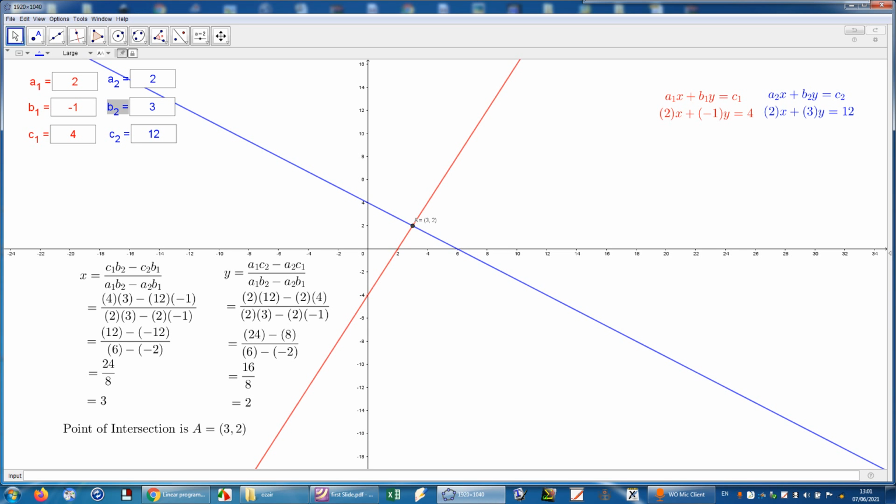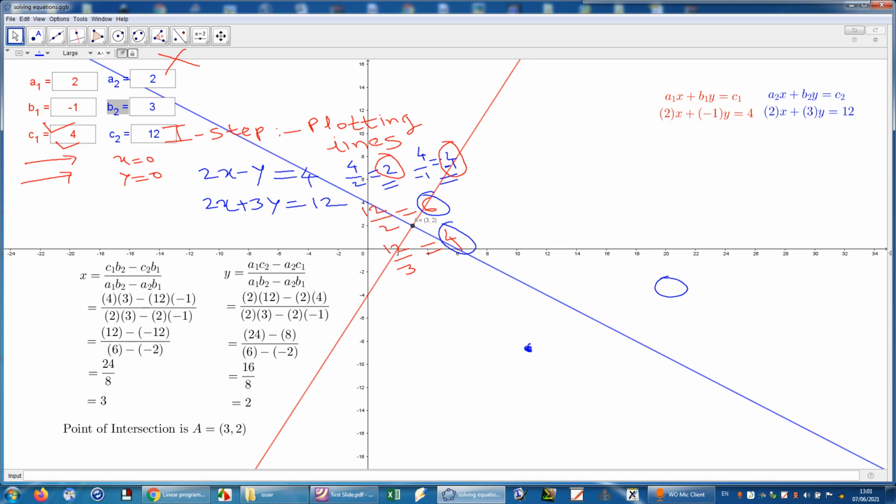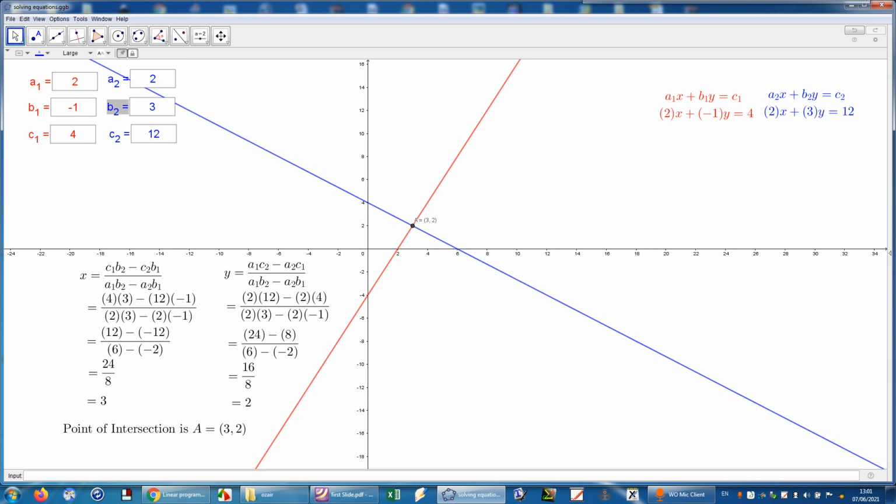Okay, so here you can see we are having two lines, 2x minus y is equal to 4 and 2x plus 3y is equal to 12, and these lines pass through the points 2 and minus 4. This is the point 2 and 4.